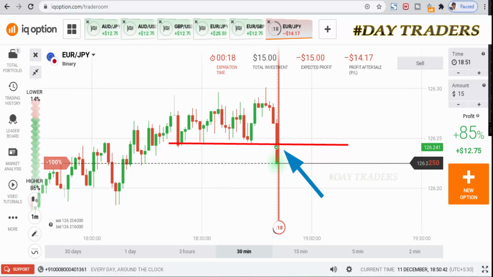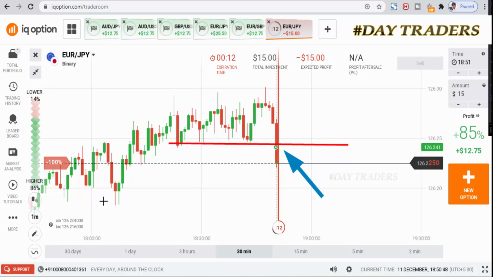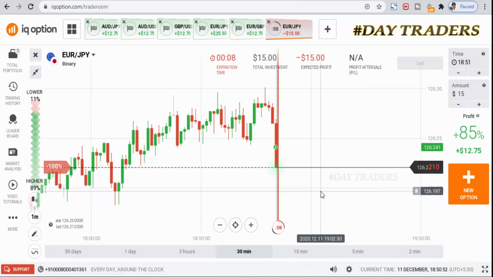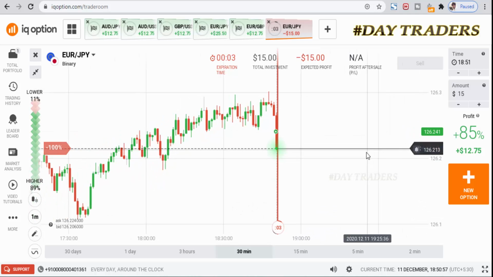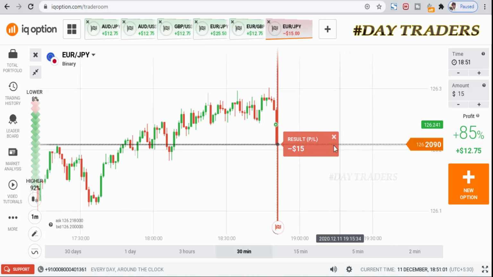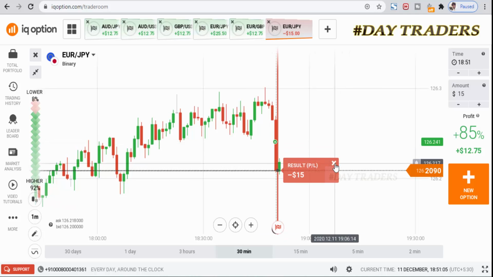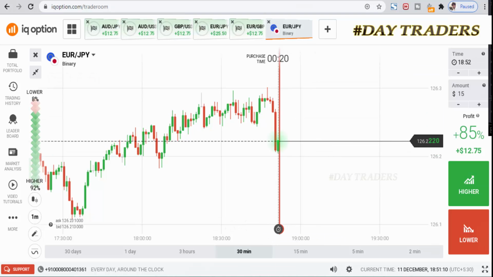Okay, sometimes this rejection point doesn't work. Very strong momentum enters the market. Okay, this type of candle, maybe some news affected it.